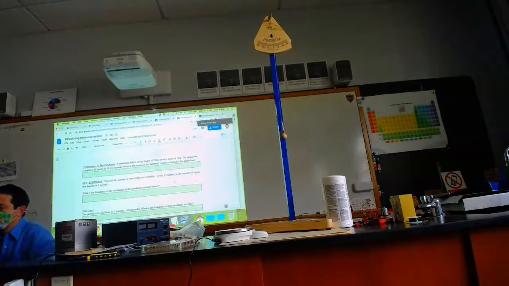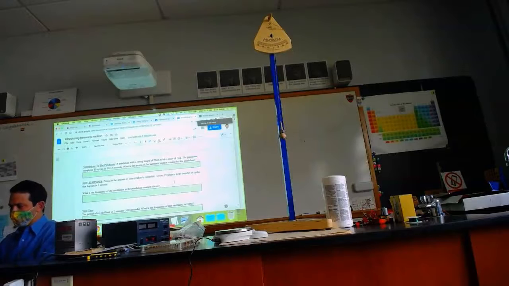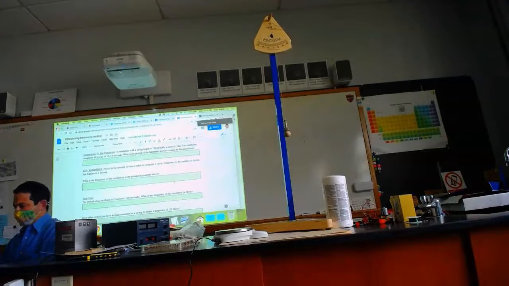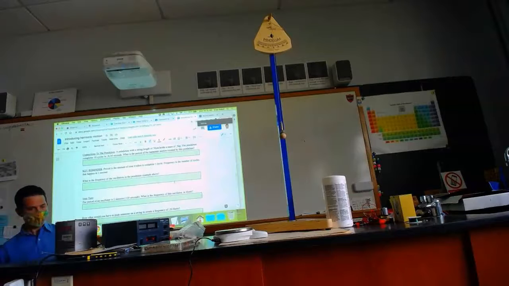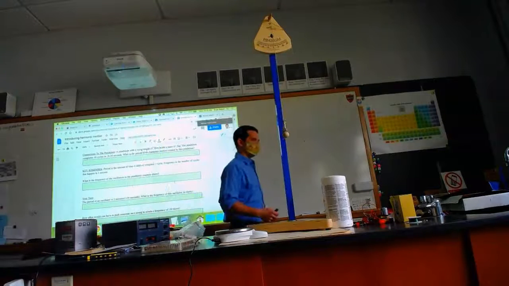You ready? A pendulum with a string length of 70 centimeters holds a mass of 0.5 kilograms. The pendulum completes 10 cycles in 18.34 seconds. What is the period of the harmonic motion created by this pendulum? I go back and I say, what is the period of this pendulum?